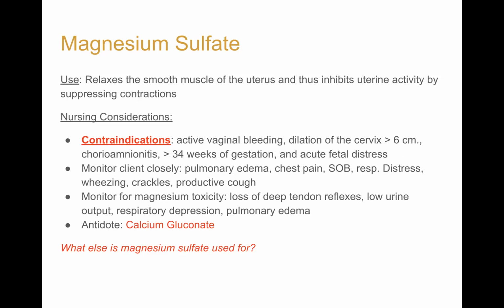And the biggie, hint, is monitor for magnesium toxicity. So know your DTRs, your deep tendon reflexes. If you don't remember your deep tendon reflexes, I highly recommend you go back and revisit that. We'll talk a little bit about it.